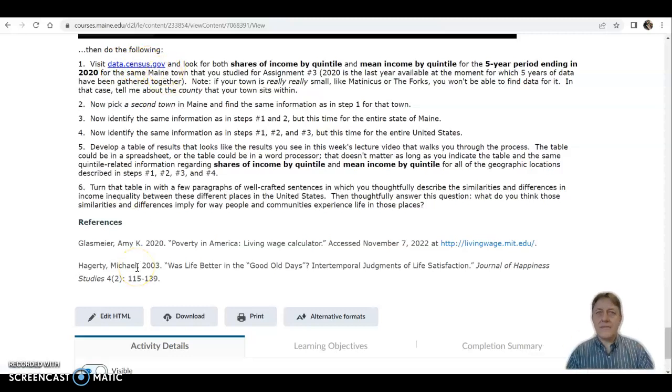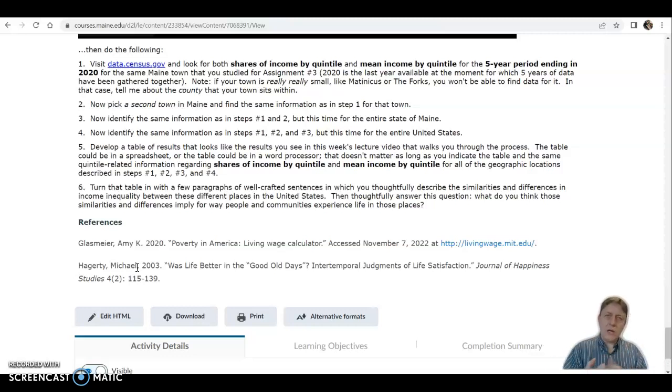Now this is an assignment that I've asked students to participate in, and for this moment in which I'm recording, the fall of 2022, the last 5-year period of data that's available is for 2020. That's going to change as time moves on. Why do we want 5 years of data? Because it's important when you're working with data from the census, which we're going to work with, the American Community Survey, to get a large enough sample size to have information that is reliable, even for a small place.